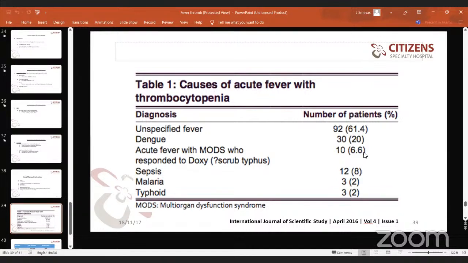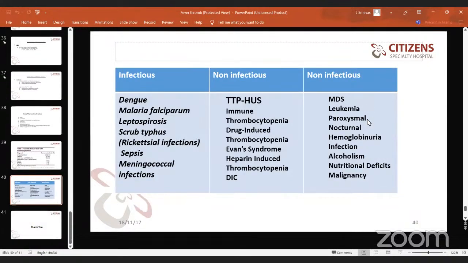And typhoid is 2%. So a major chunk of patients with fever and thrombocytopenia in the ICUs don't have a diagnosis. So we need to evaluate and look into the causes of fever with thrombocytopenia.